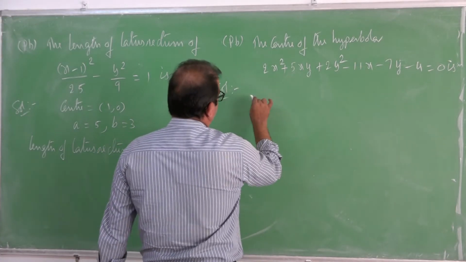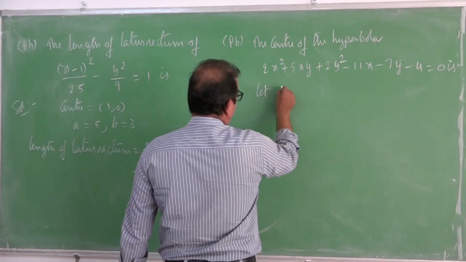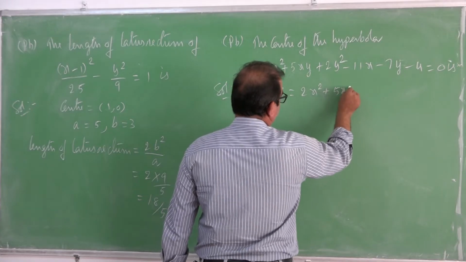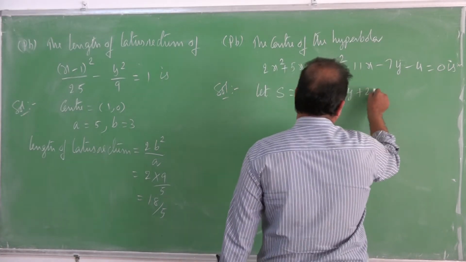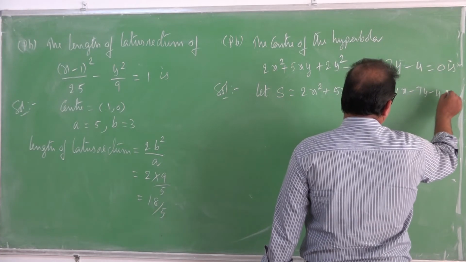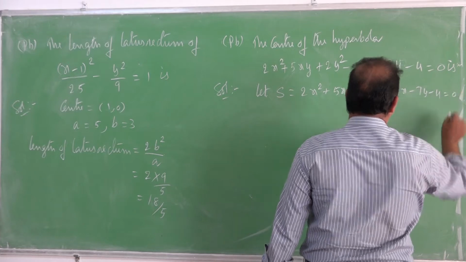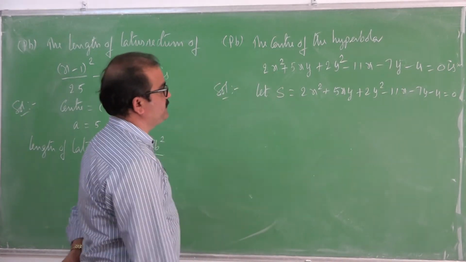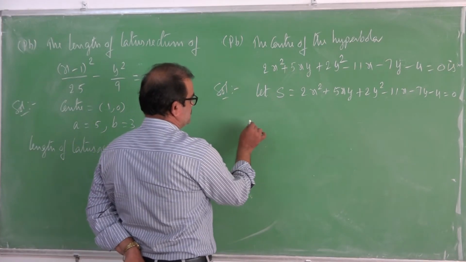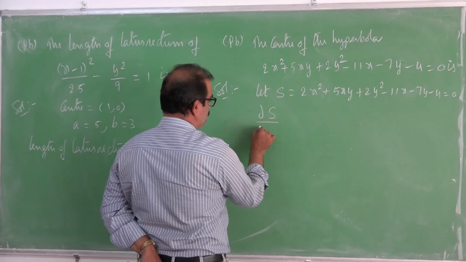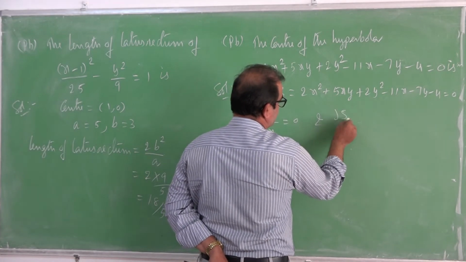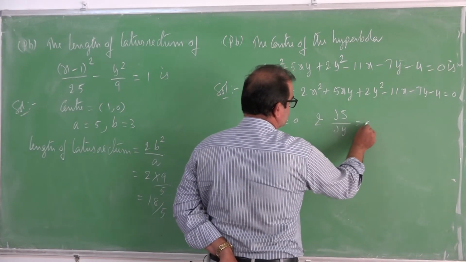Let the standard equation of hyperbola be S. Let S is equal to 2x square plus 5xy plus 2y square minus 11x minus 7y minus 4 is equal to 0. Now the center of the hyperbola is obtained in a shortcut method by solving the equations dou s by dou x is equal to 0 and dou s by dou y is equal to 0.